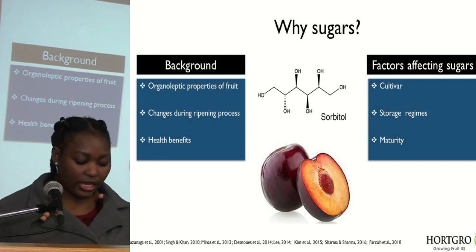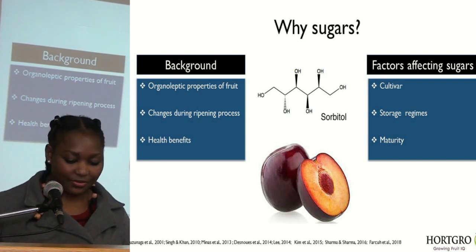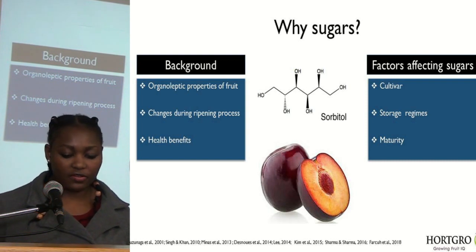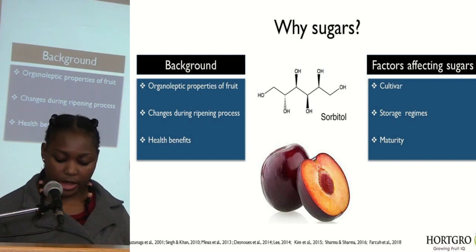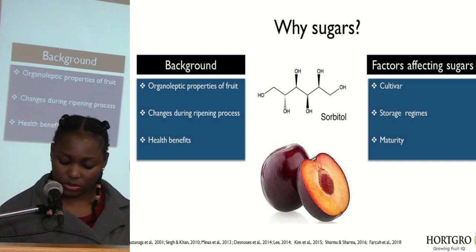Sugar accumulation is affected by cultivar differences, storage regimes, and maturity differences.